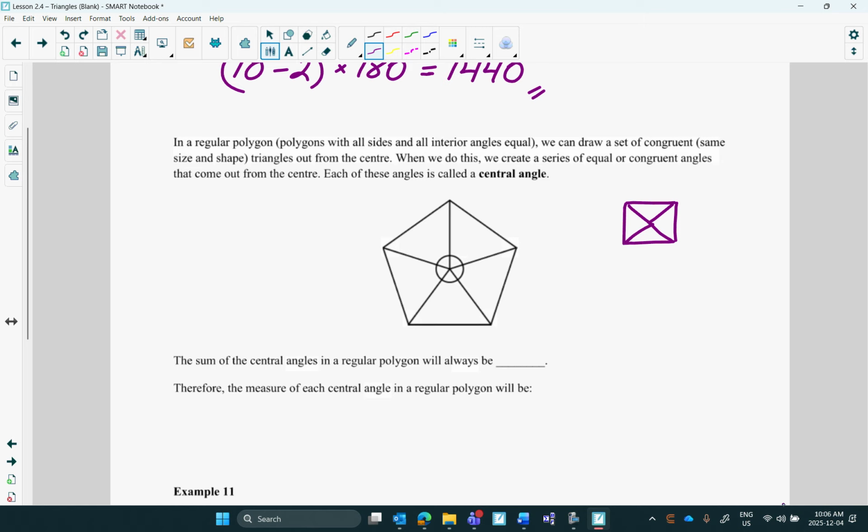5, you see there, if I did 6, so a regular, it's not perfect, but how many triangles could I draw? 6. Out from the center.